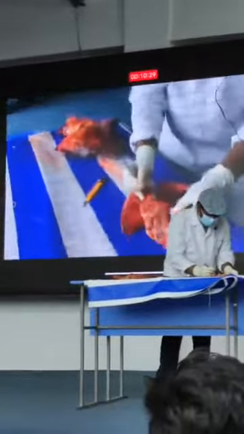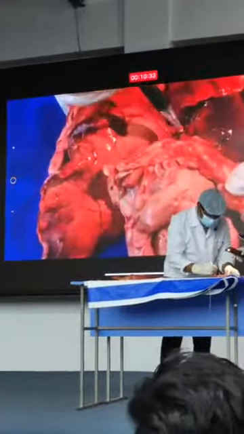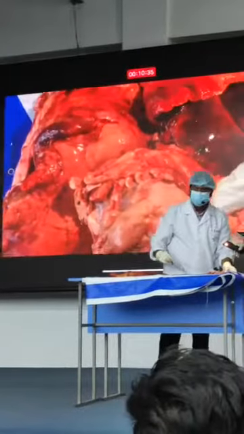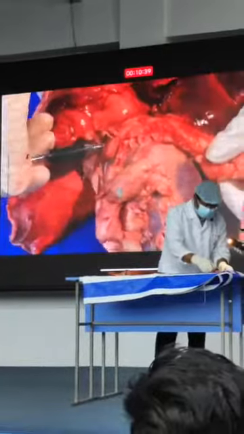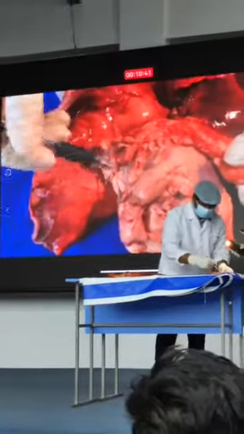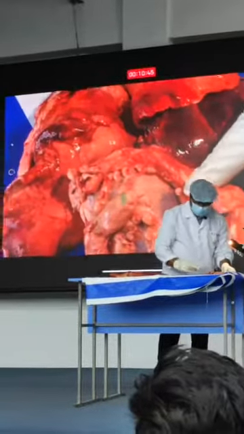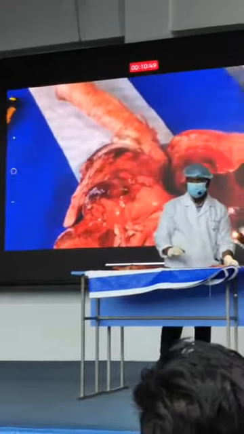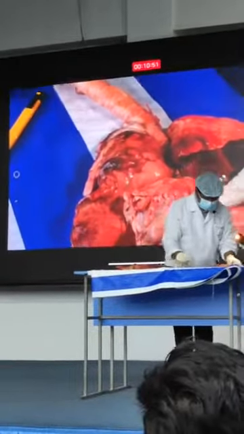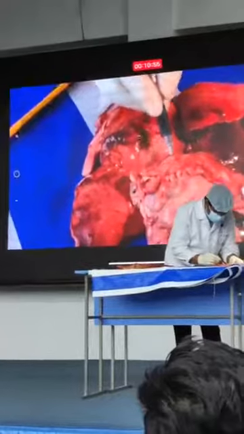From the arch of aorta, you have the left common carotid artery and right common carotid artery, which go to the brain. And from the heart, if any embolus enters the ascending aorta, it will enter the arch of aorta. From the arch of aorta, it can enter the brain and it will cause ischemic stroke. Okay?